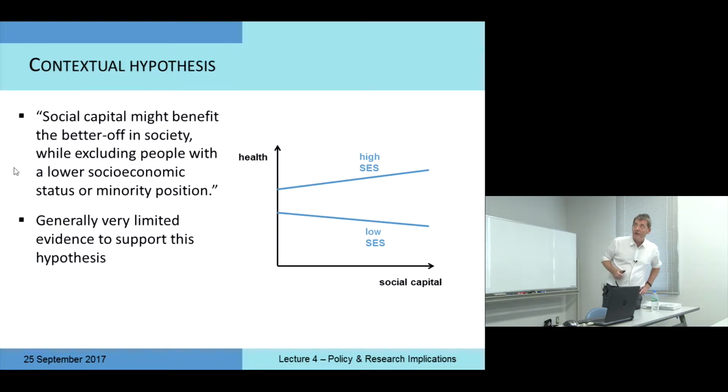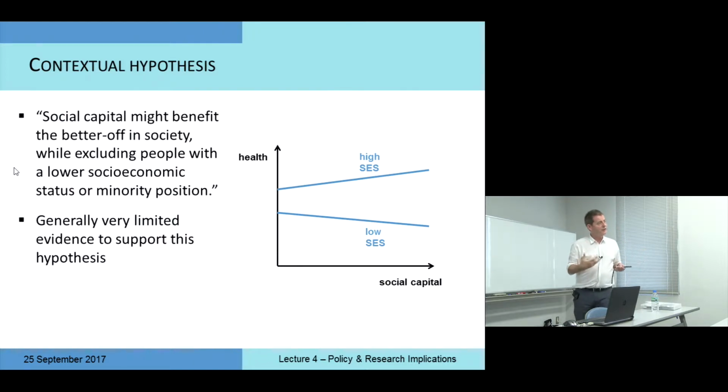And the third hypothesis about the interrelationship between social capital, health and inequalities is called the contextual hypothesis. Social capital might benefit the better off in society, while excluding people with a lower socioeconomic status or minority position. So this is even more extreme.